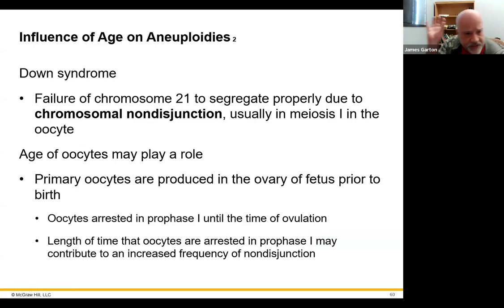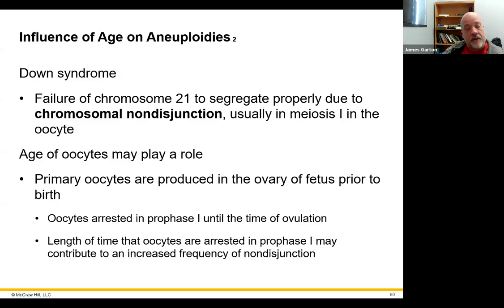Now, Down syndrome, which is the most common, is caused by the failure of chromosome 21, most likely to not segregate properly. In the case of at least a primate, the oocytes, those cells that are going to produce the eggs, are made before birth, and then they go basically into storage.